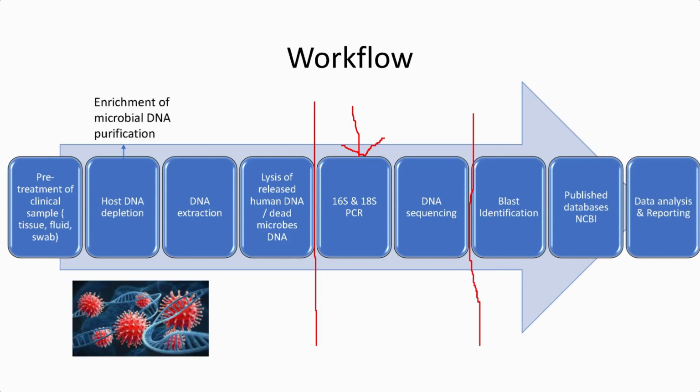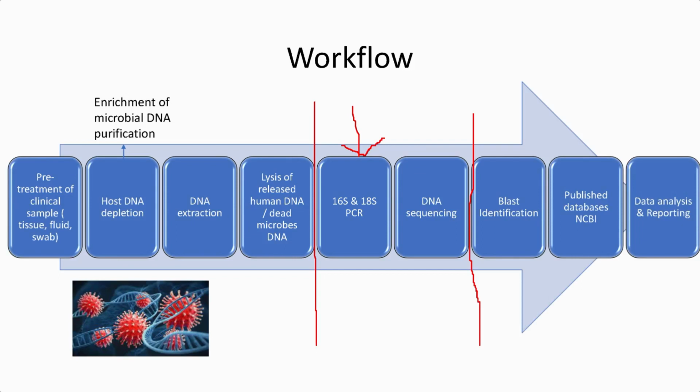Here I've mentioned 16S ribosomal RNA PCR-based sequencing and 18S ribosomal RNA PCR-based sequencing, or you can go for whole shotgun metagenomics, which has a higher resolution because it gives all the microbes present, even the low abundance microbes. After the PCR, amplification and library preparation, the libraries are sent for sequencing.